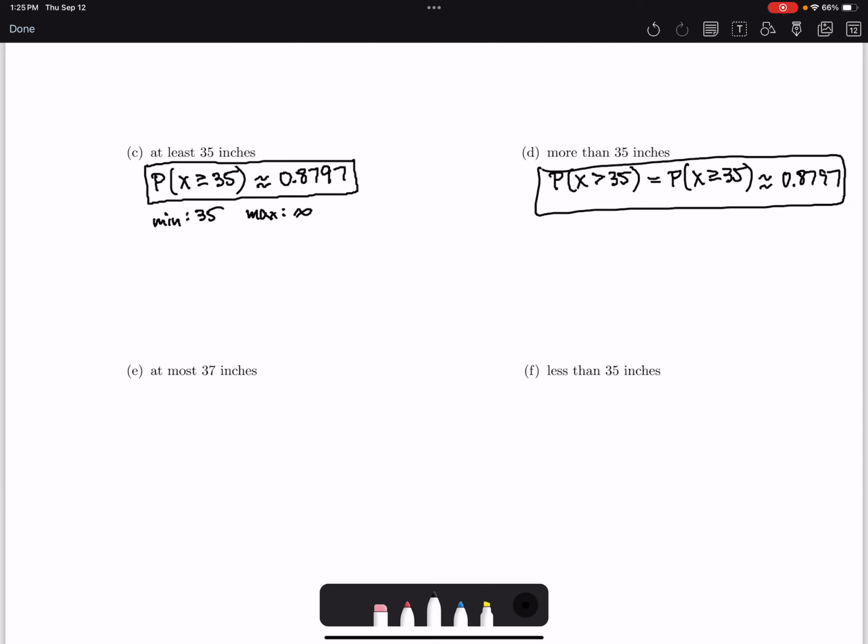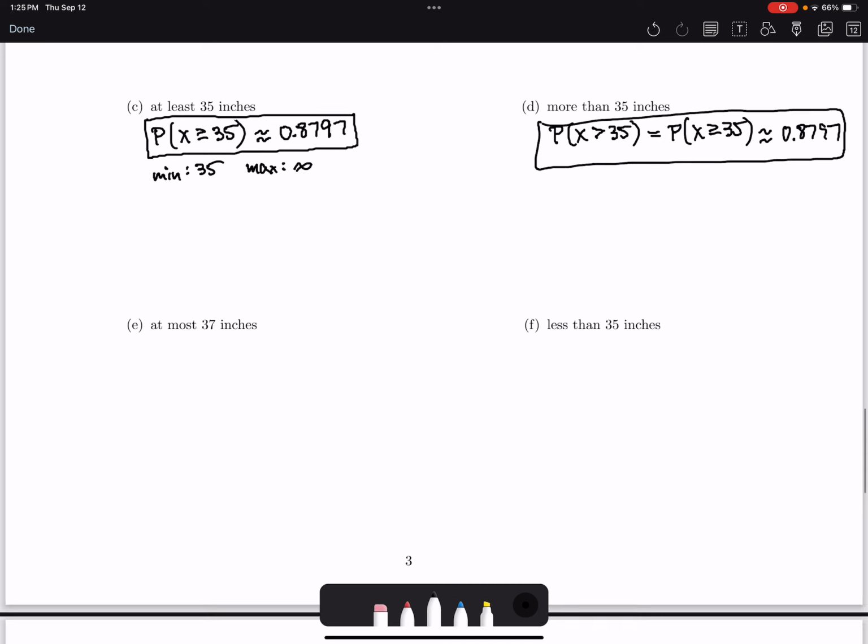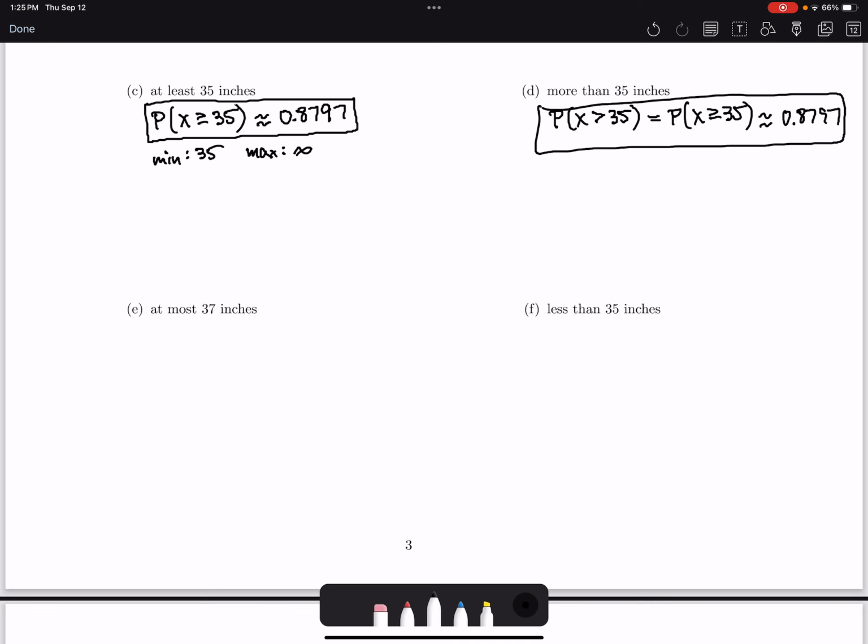Part E. We want the probability that a 3-year-old girl is at most 37 inches tall. At most 37. So that would mean 37 inches or less, right? X less than or equal to 37. So we're not going to have a minimum value. We'll put in negative infinity for that. And for our maximum value, we'll put in 37.